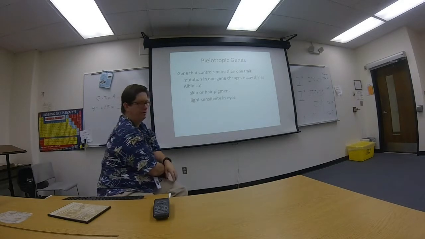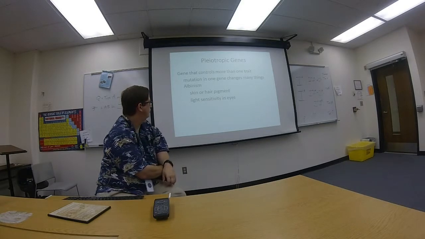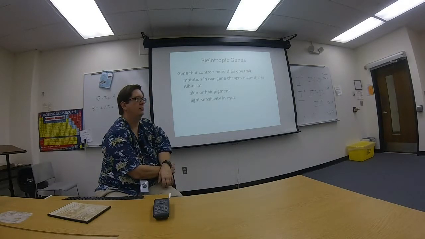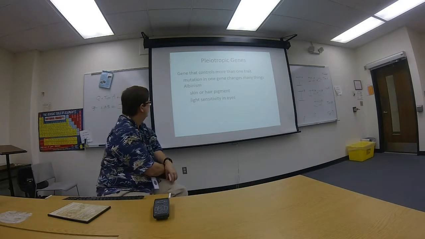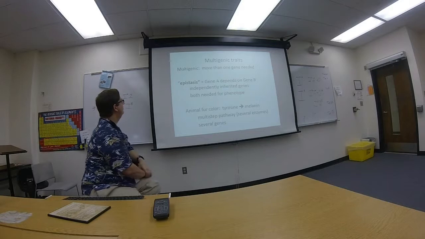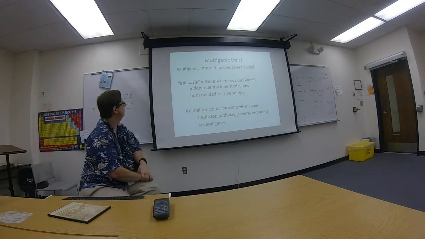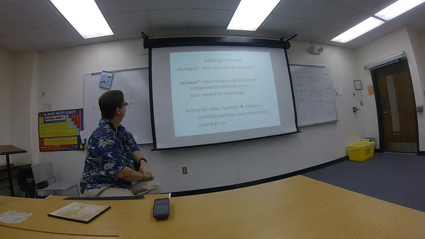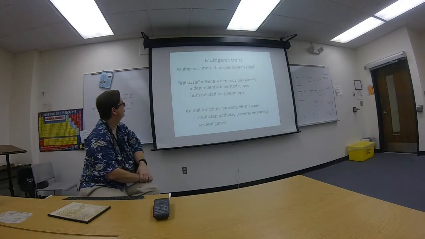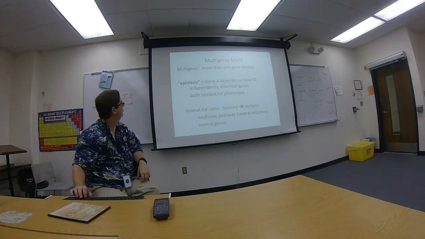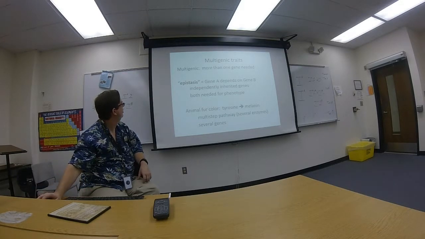If you're albino or even partially albino for one gene, you probably have strong sensitivity to light in your eyes. Multigenic. A multigenic trait is where one trait is controlled by more than one gene. We talked about human skin color. But there's also animal fur color.